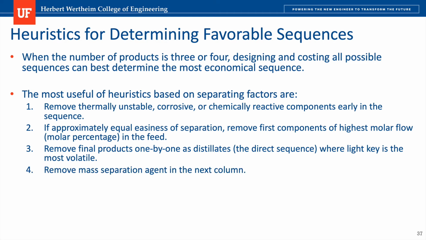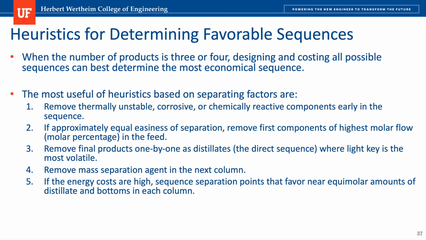Also, if you add a separating agent, like a mass separating agent, remove it as soon as you use it. Don't send it again to the next column, because that will be increasing the total volume and diluting the next mixtures to separate. If the energy costs are high, sequence separation points that favor near equimolar amounts of distillate and bottom in each column.